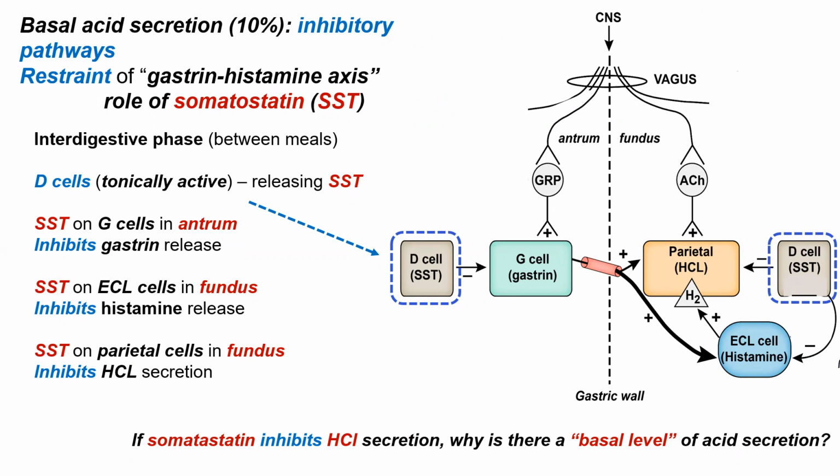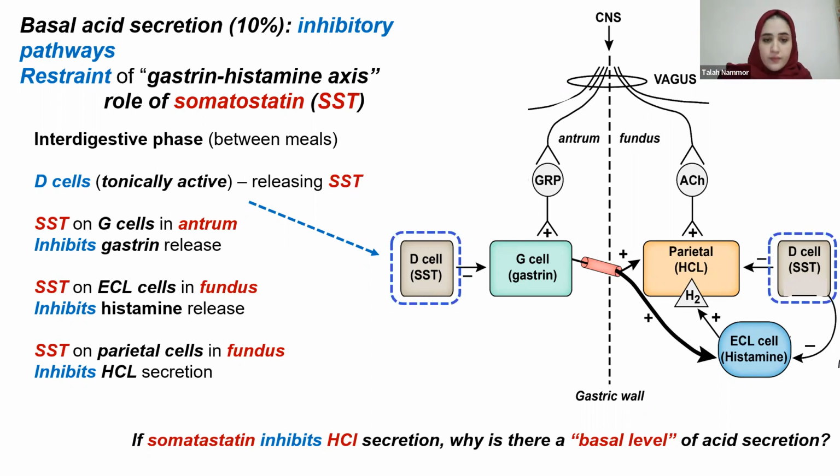Somatostatin. Exactly. When we don't want any gastric acid, we want the pathway to be not there, the somatostatin will come. The D cells will release somatostatin, and somatostatin will inhibit the whole process.